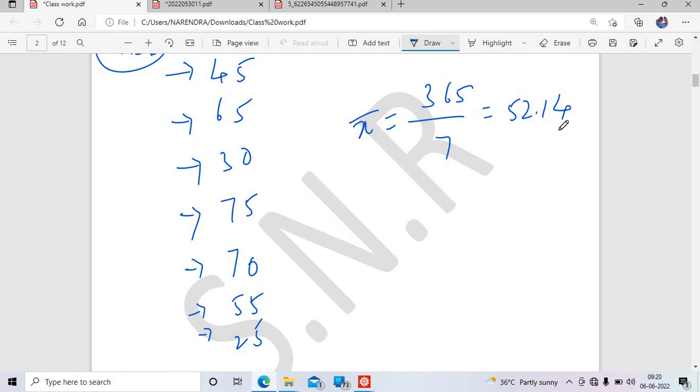So we all know how to calculate this. What does this 52.14 indicate? A single value, as if each and every value contains 52.14.